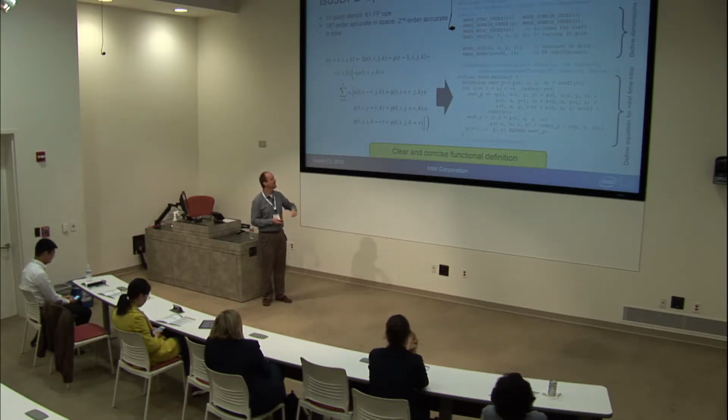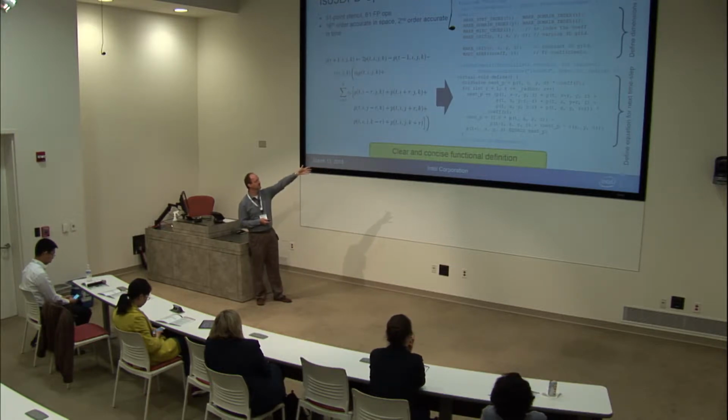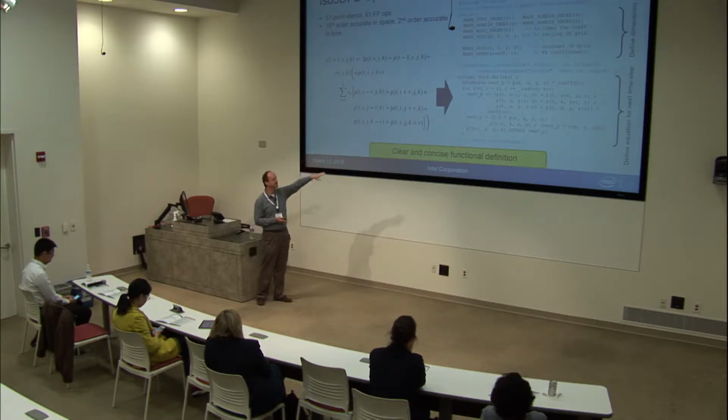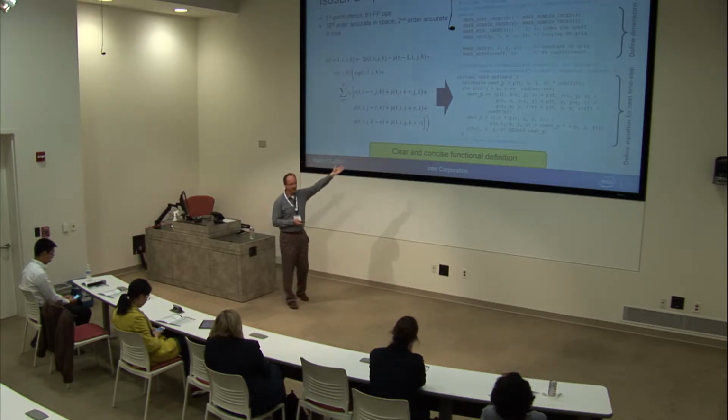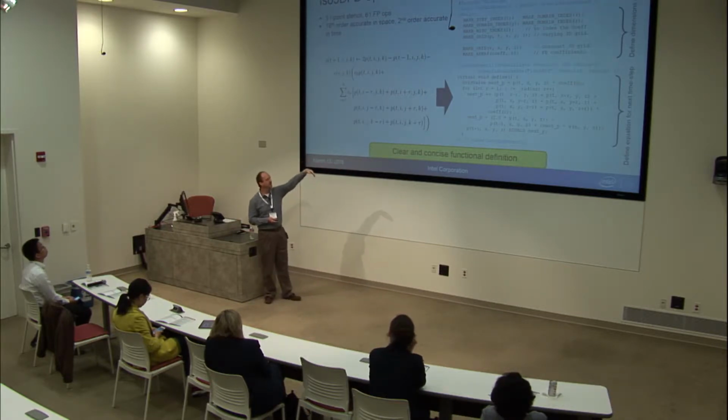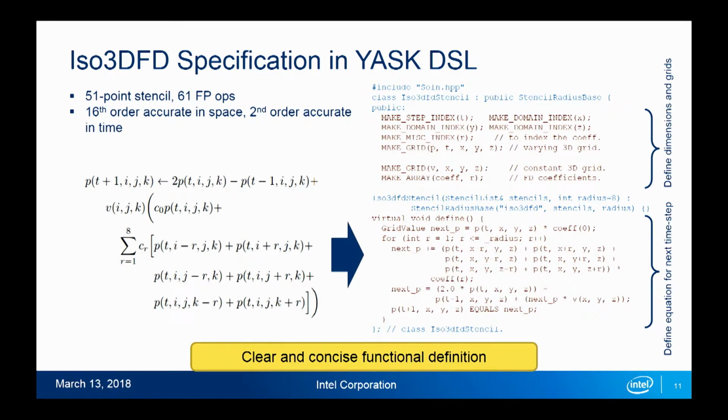That's not important. But you can see at the bottom, the next 10, 12 lines are very similar to the math we have on the left. You just build up an equation using overloaded C++ operators. And then at the very bottom, there's an equals macro, which means I'm saying that the equation I just built up defines the value of the next time step.